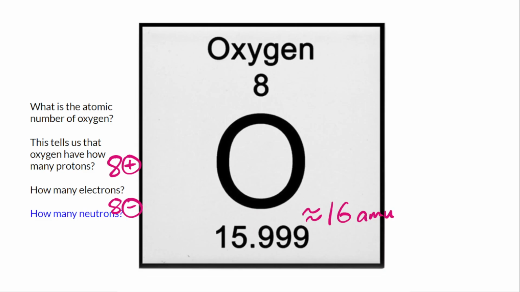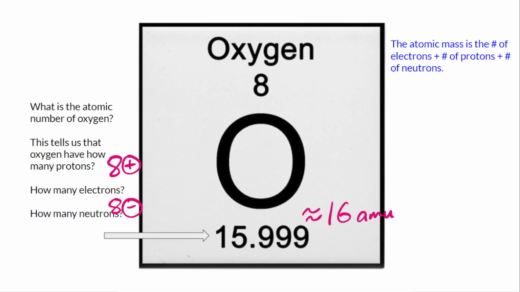Okay, so let's do some math. So the atomic mass is the number of protons plus neutrons plus electrons, right? Remember, electrons are approximately 0, so we can pretty much ignore them.